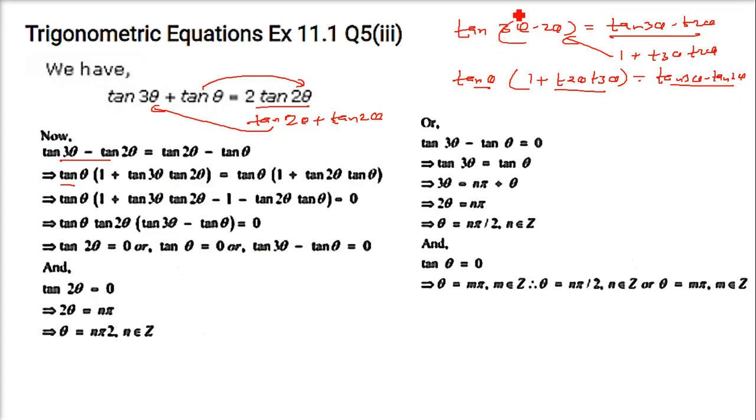Similarly, if we put tan of 2 theta minus theta, it will be tan 2 theta minus tan theta by 1 plus tan theta tan 2 theta, and bring it here. So it will be tan theta times 1 plus tan 2 theta tan theta. Now bring the whole thing here and take tan theta common.